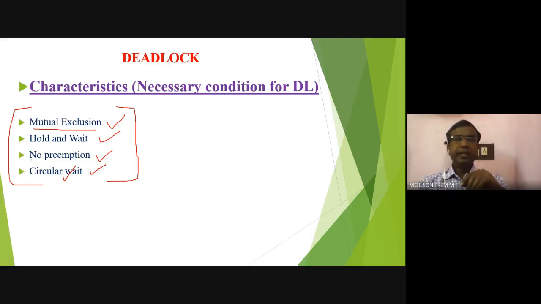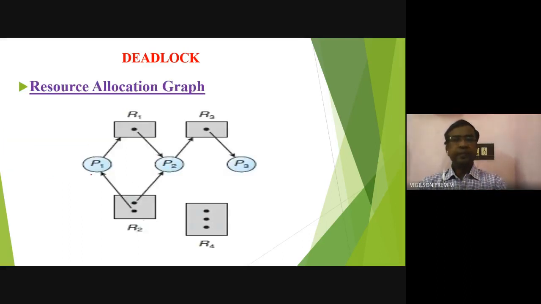Second one is hold and wait. See, P1 is holding R2 and waiting for R1. Correct? Consider P2. P2 is holding R1 and one instance of R2 and waiting for R3. P2 is also in hold and wait. Consider P3. P3 is only holding, not requesting anything.